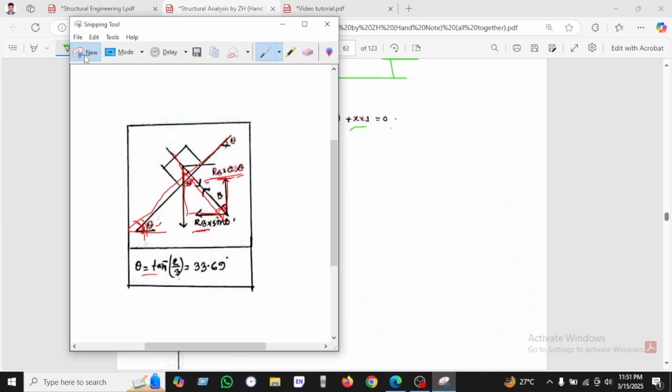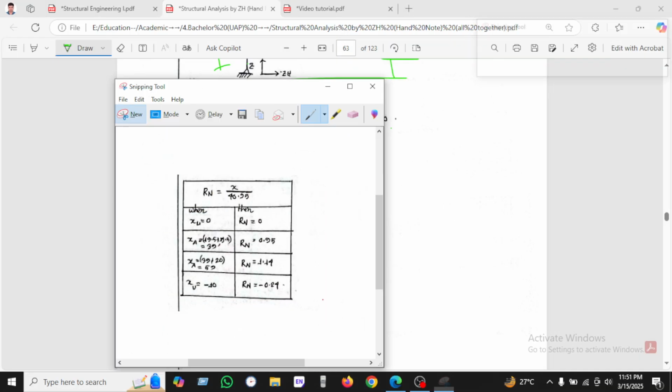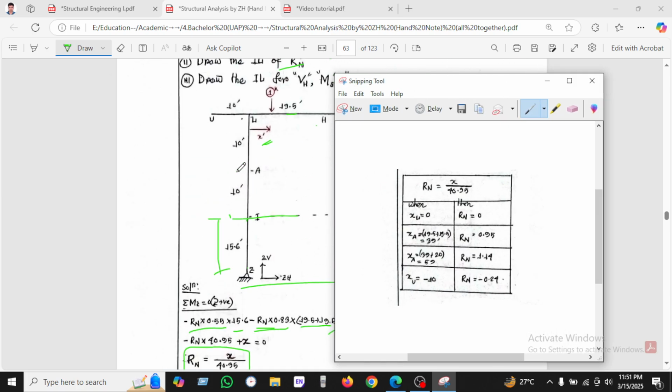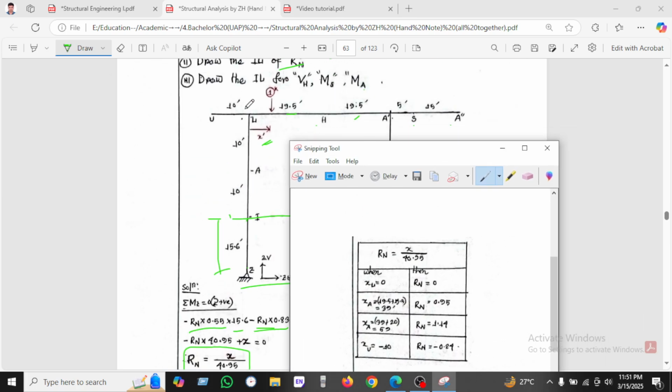I'm just taking a screenshot here. We are moving this load for a distance of s. If we put the value of x, then the Rn value will be 0. Similarly, if we use x value as 1, at this point, taking the distance 19.5 into 19.5, which is 39, the Rn value will be 0.9.